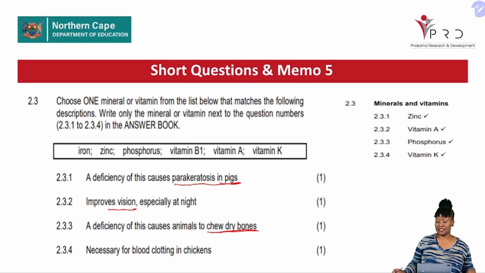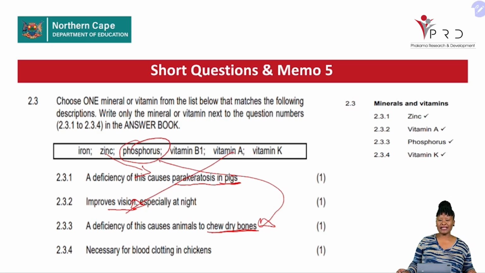We look at the deficiency which causes parakeratosis in pigs, that is zinc. The one that improves vision, that is A, and the one that causes animals to chew dry bones, we talk of phosphorus.